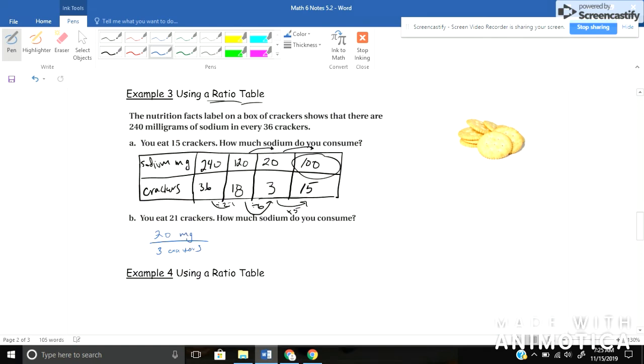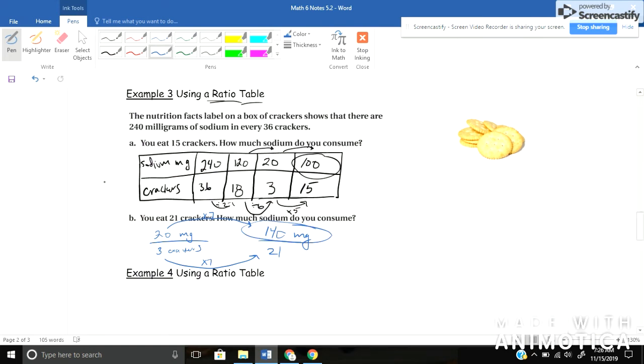It wants to know how much in 21 crackers. Well, we could go from 3 to 21 by just multiplying by 7. If I did that to my sodium as well, that would give me an equivalent ratio. 20 times 7 would give me 140. 7 times 2 is 14, add the 0. 140 milligrams of sodium for 21 crackers.